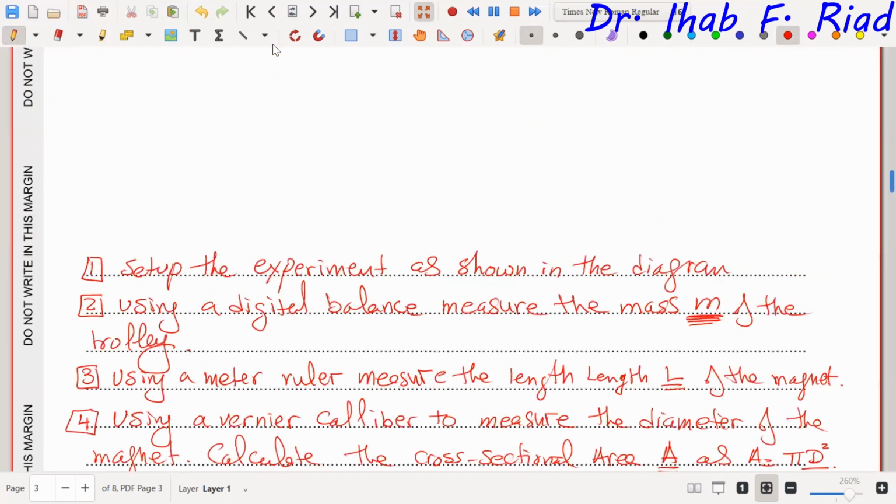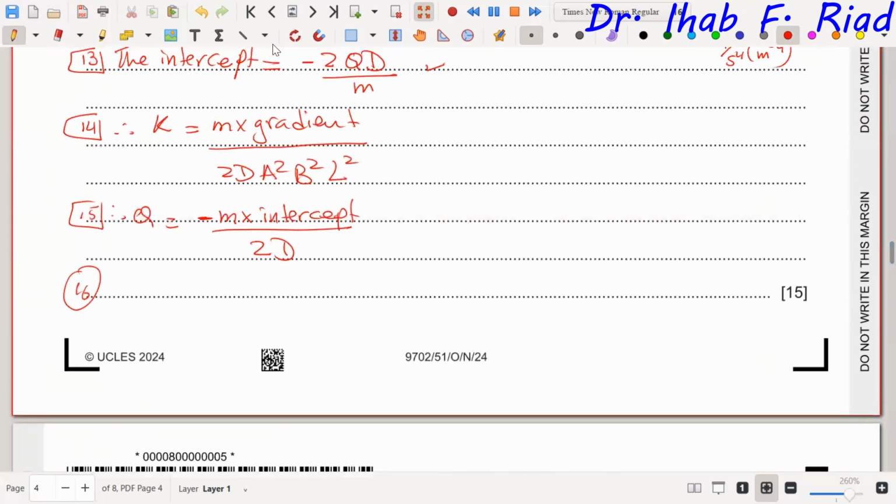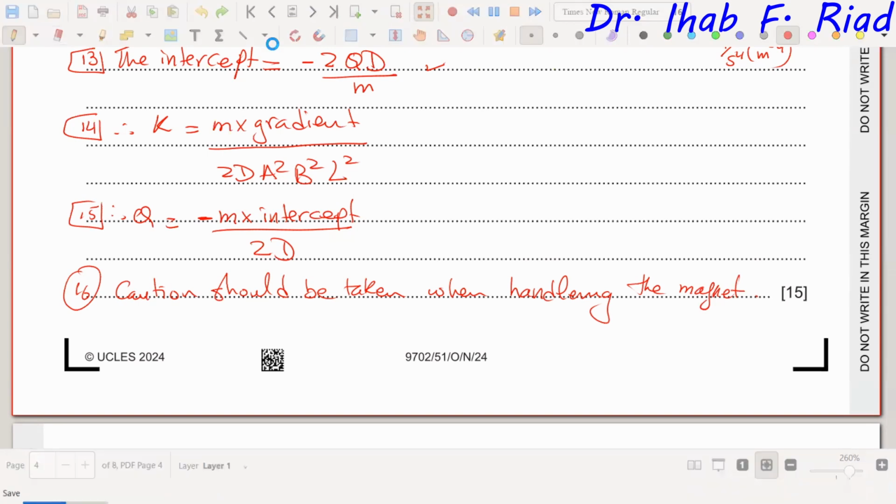Okay, there's nothing clear over here, but caution should be taken when handling the magnet, something like this. Okay.